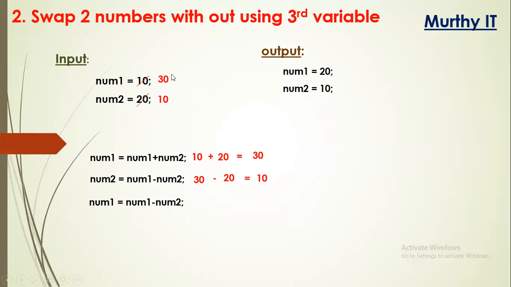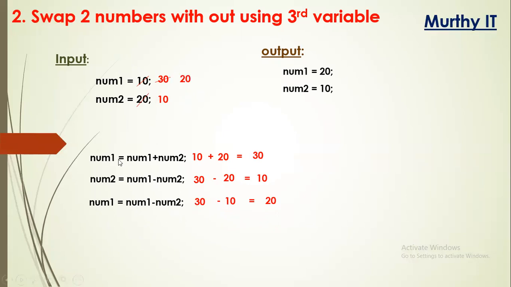In number 1, what value is there? 30. 30 minus 10, how much is there? 20. Finally, this number 1's 30 is replaced by 20.